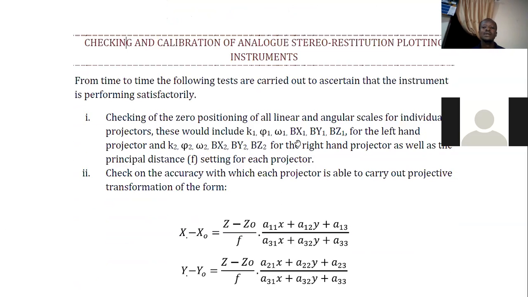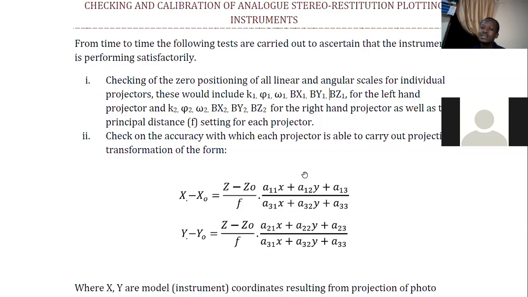Omega, phi, kappa, bx, by, bz. The b there actually stands for the base. So base x, base y, base z. I hope you remember what the base is, the air base. Here we are referring to the model base. So there are three types of bases: the photo base, the model base, and the air base. I'm just reminding you. I'm sure we've talked about it, but if you've forgotten it, we all have to remind ourselves.